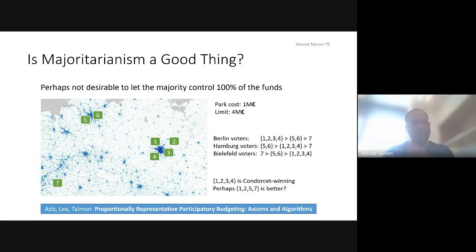Also in the single winner setting, Condorcet is majoritarian in the sense that, say you have a population of 100 voters. Now if there are 51 voters that want something specific, then it doesn't matter what the other 49 minority of the population want, because this majority basically controls everything.